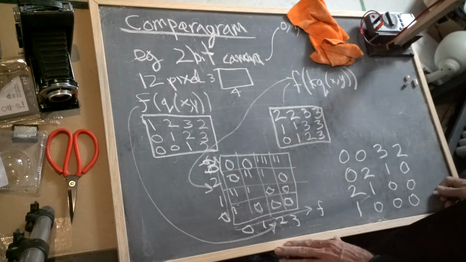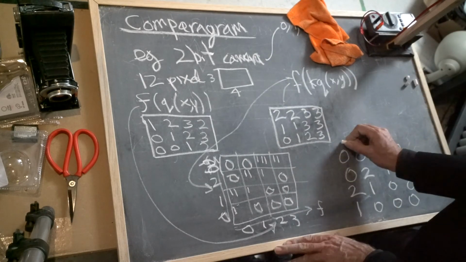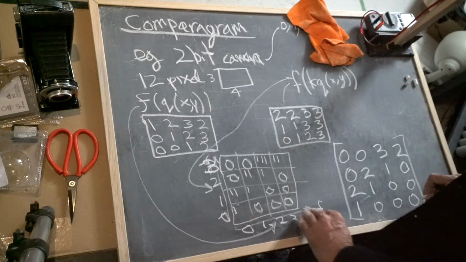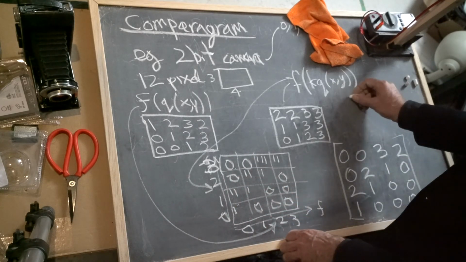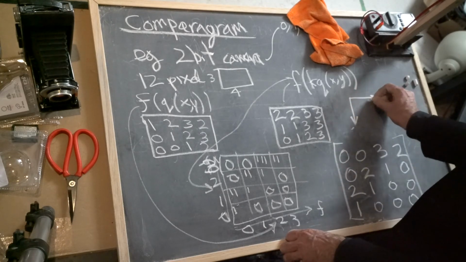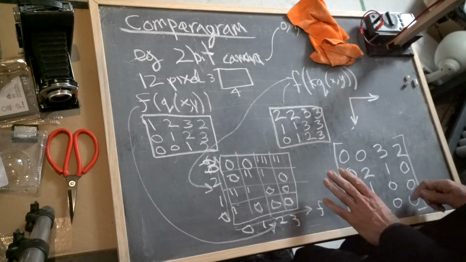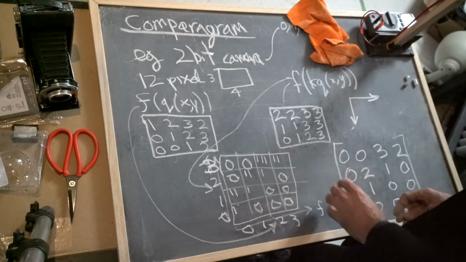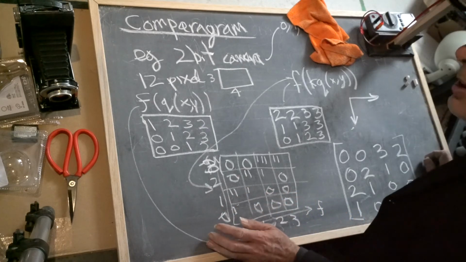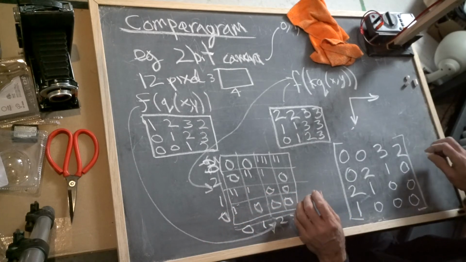And so now, what is the meaning of the comparagram? So it's this array. Now often I've used x this way and y that way, but in matrices a lot of times your first axis goes this way, so this whole thing would be rotated 90 degrees from where it is now. But depending on how you want to do it, as long as you're consistent.